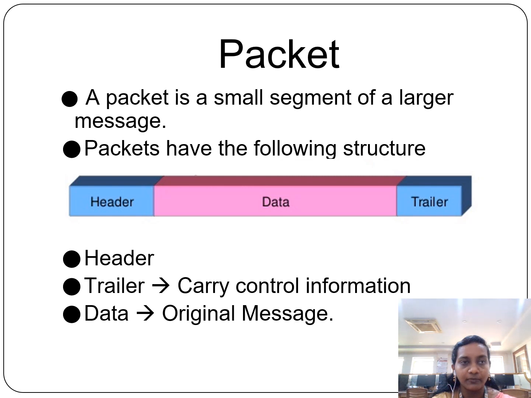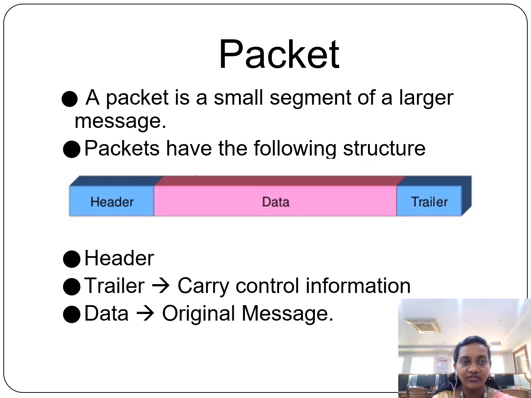Coming to the definition of a packet, a packet is a smaller segment of a larger message. So when you take a larger message, the smaller part of it is considered as a packet. Or you can say that the combination of packets gives you a larger message. The structure of a packet is as given. It has three important parts: the header part, the data part, and the trailer part.